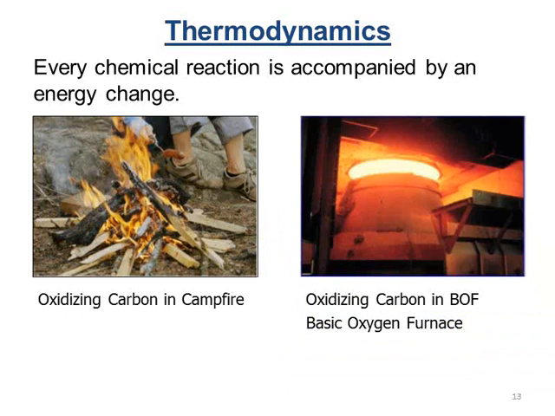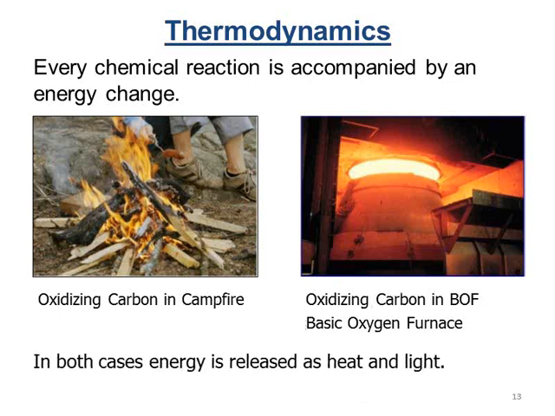Now let's talk about a basic oxygen furnace, oxidizing the carbon. That's an example of a chemical reaction which gives off an enormous amount of heat. So in both of these cases, energy is released as either heat, sensible heat, which we'll define soon enough, or as light.